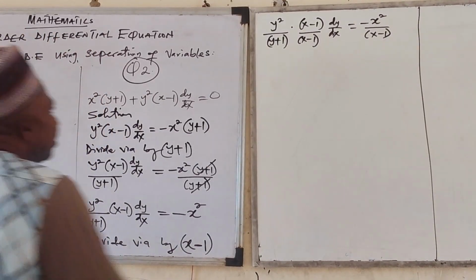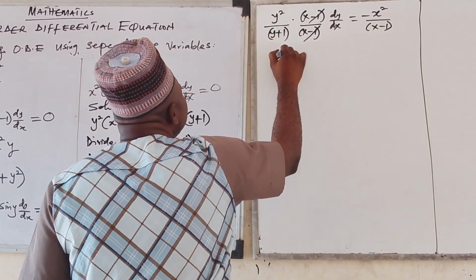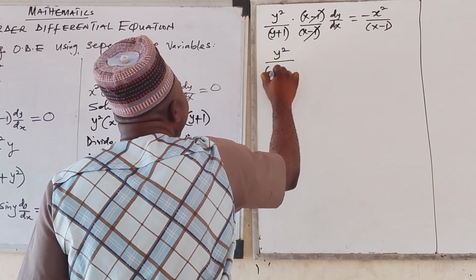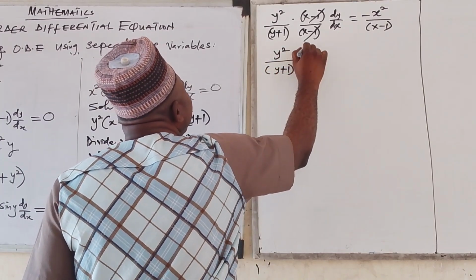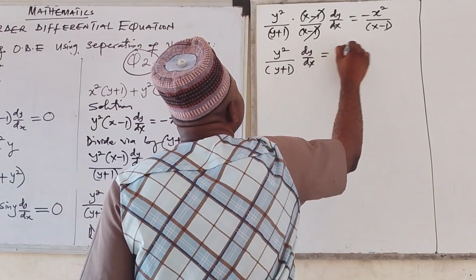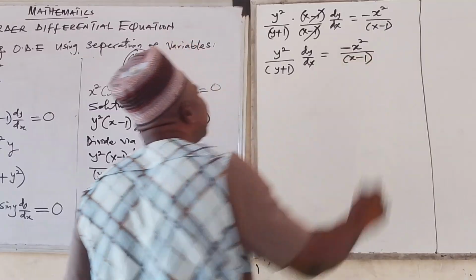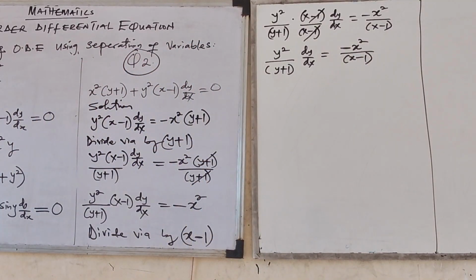Now let's look at this. x minus 1 will go with x minus 1. So we have y squared all over y plus 1, dy over dx will be equal to minus x squared all over x minus 1.